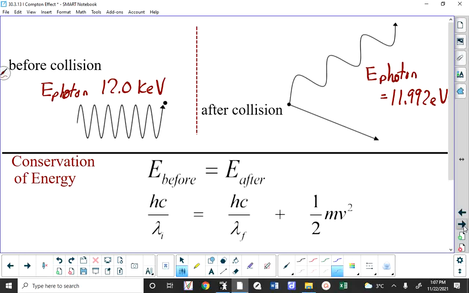The answer is that the photon lost some of its energy to the electron.